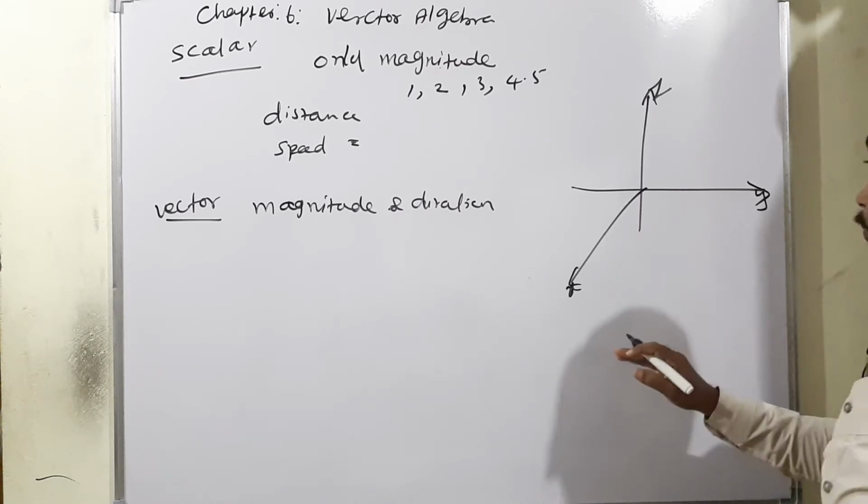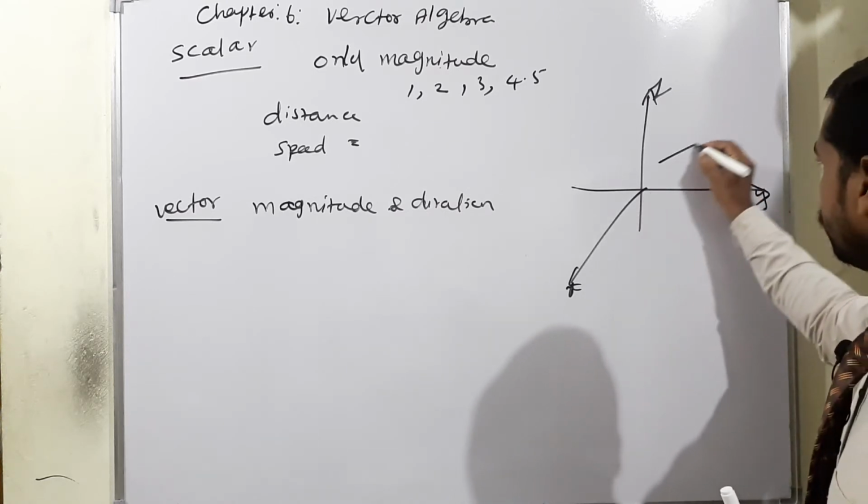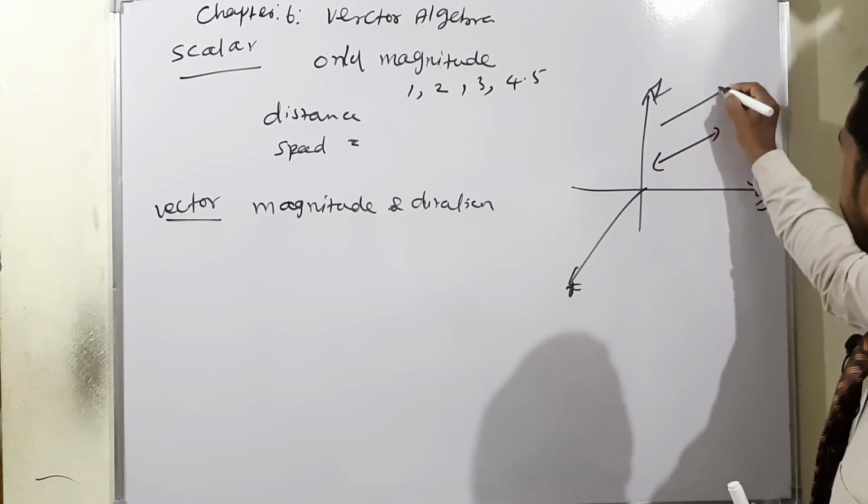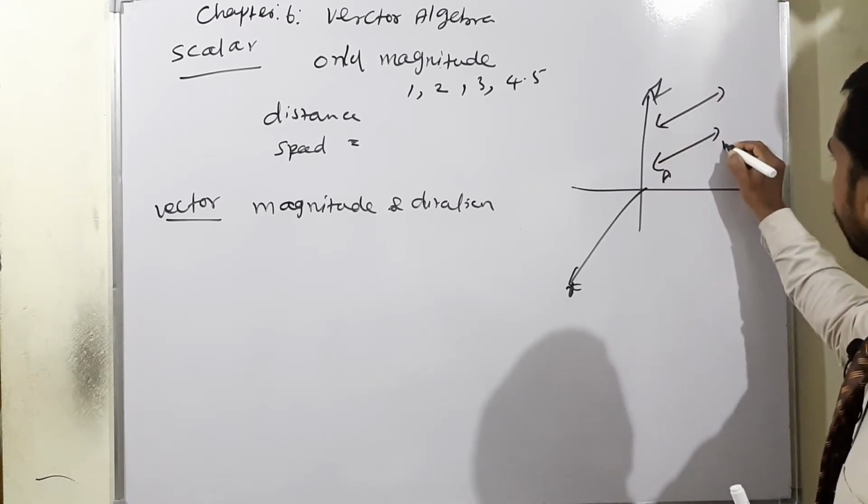For example, the distance between A and B, we can draw an arrow, this is considered for AB.